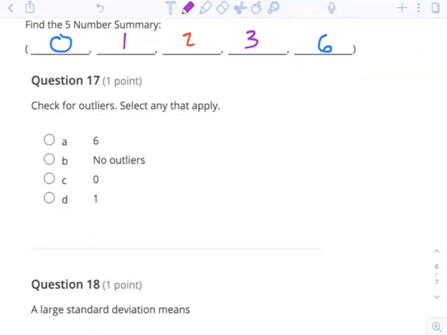Checking for outliers, you first need to figure out the IQR, which is Q3 minus Q1. So 3, whoops, sorry about that. 3 minus 1, which is 2. So there's my IQR. We need 1.5 times the IQR.